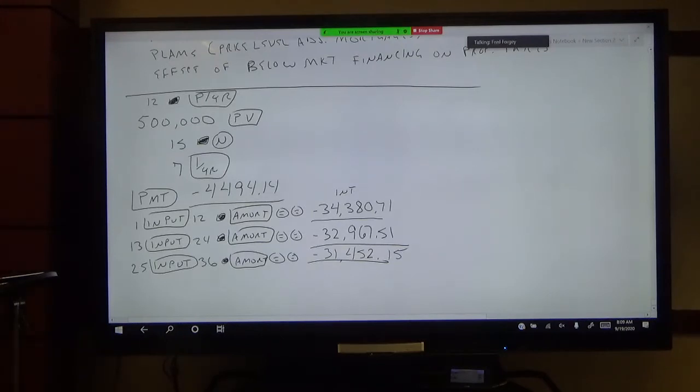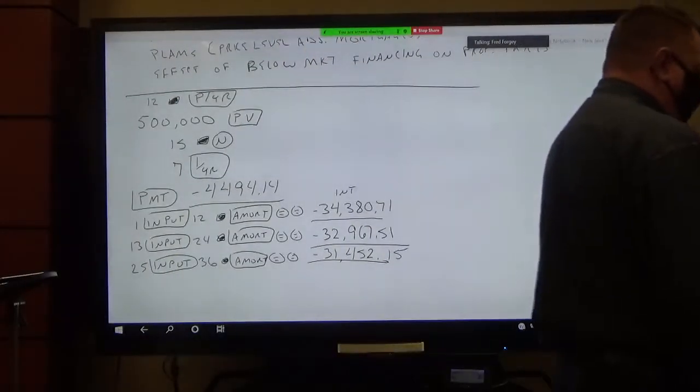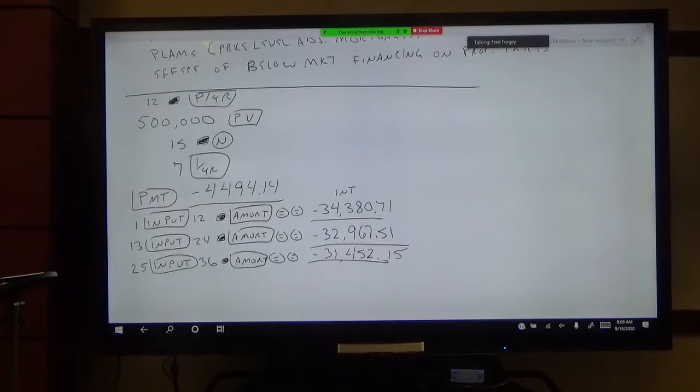Okay, so all we've given you here is what the dollar amount would be each year that you would be able to take as a tax deduction for your interest expense.